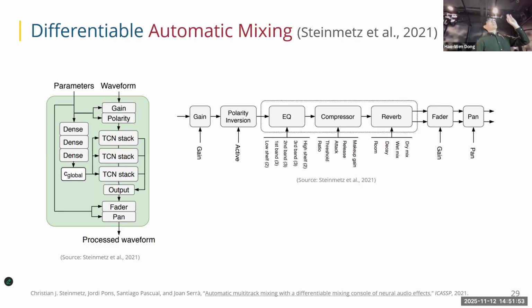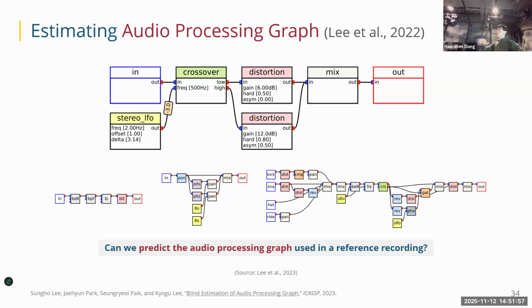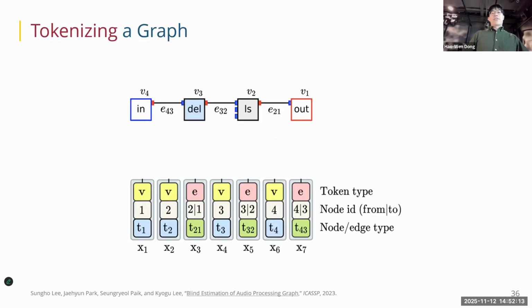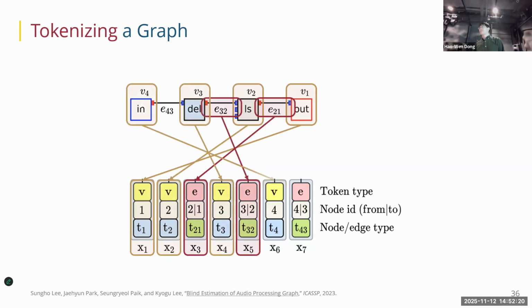Here we are thinking that potentially I don't need to apply effects on all the channels; it could be applied only to certain channels. And even more interesting, in Max MSP, if you have feedback loops or more complex structures, of course, if you want to tokenize, it's much easier if it's acyclic, a graph without loops.